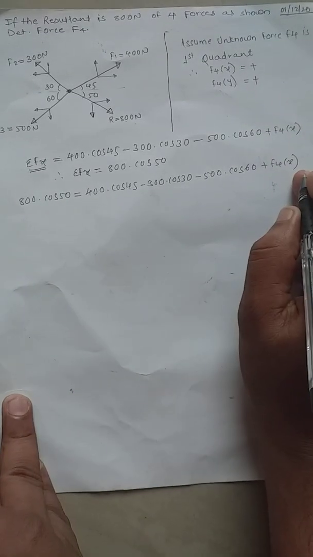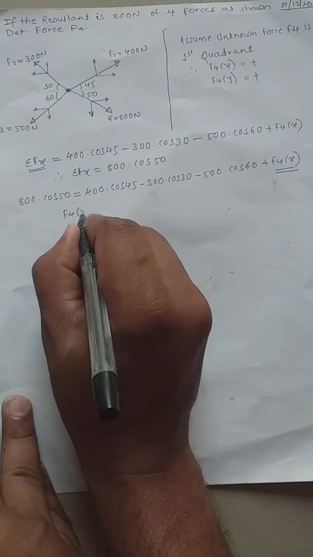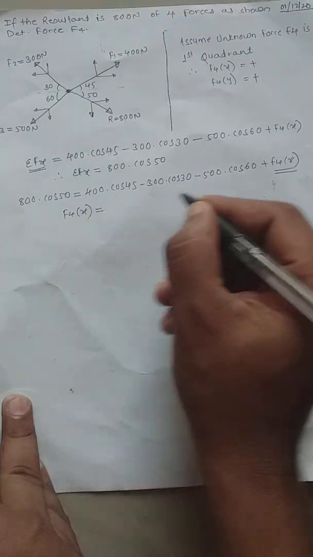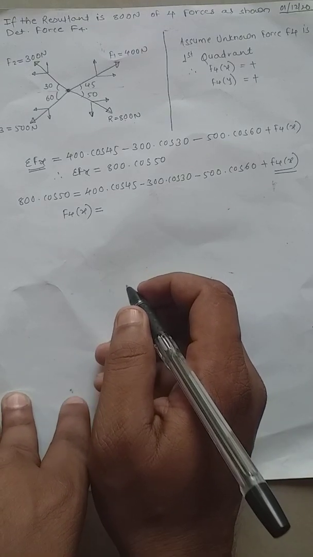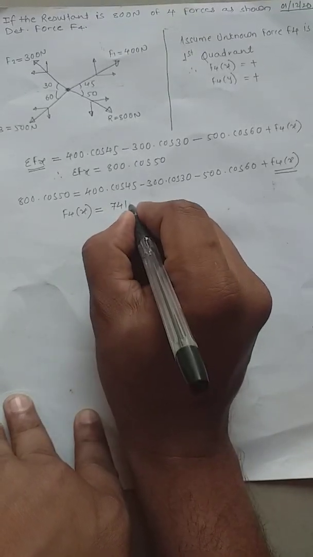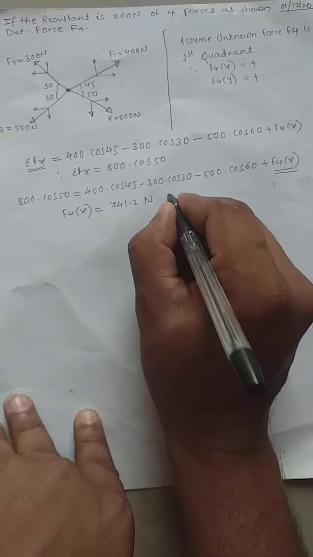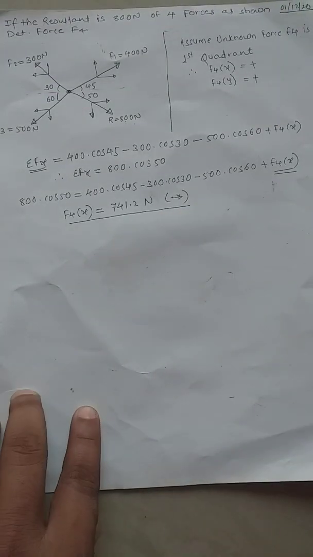Now solving this above equation we will get the value of F4x. So by solving the above equation we can get F4x, and this value comes as 741.2 Newton, that is a positive value. So F4x is equal to 741.2.